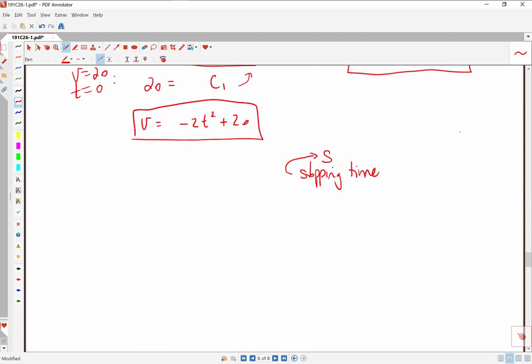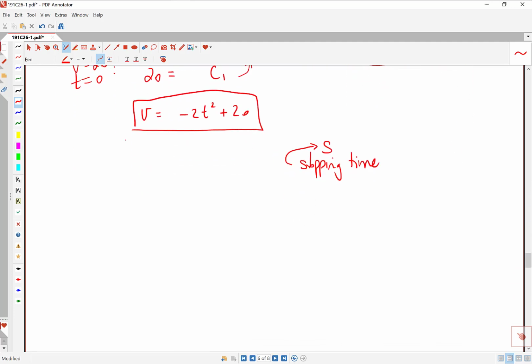Really, we could do these things in either order. We could figure out the stopping time right now and then deal with the displacement function, or deal with the displacement function now and do the stopping time later. It doesn't really matter. Since we're in this groove of integrating, let's figure out our displacement function. I'm going to call this S because this car is moving horizontally as opposed to vertically.